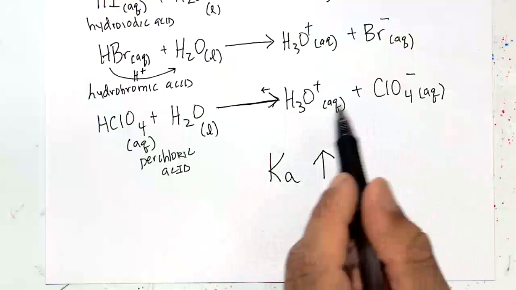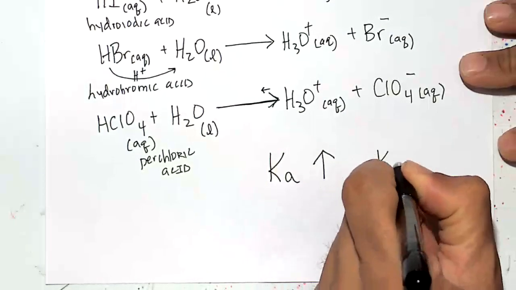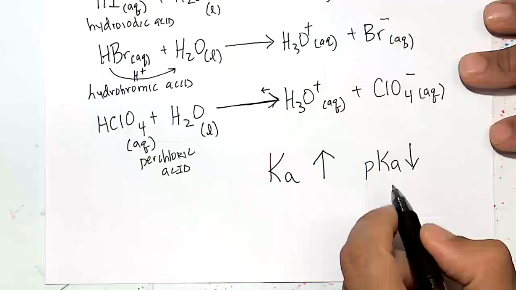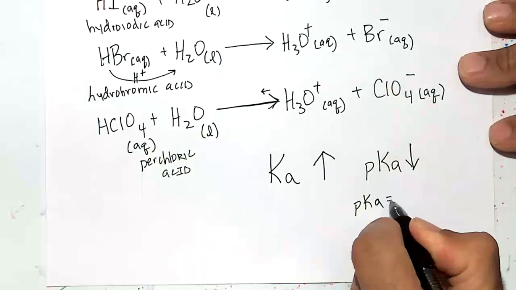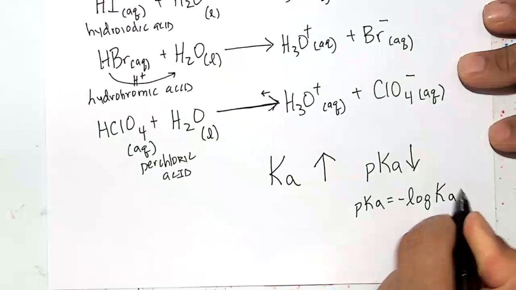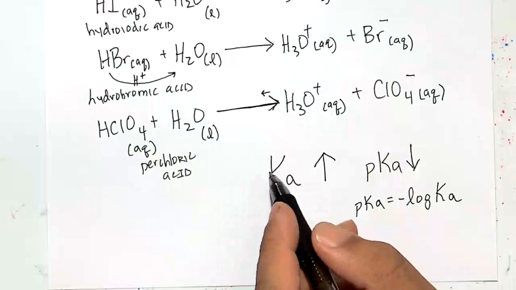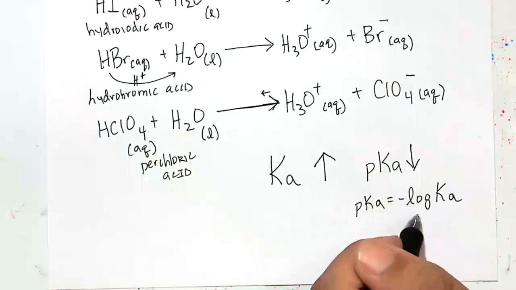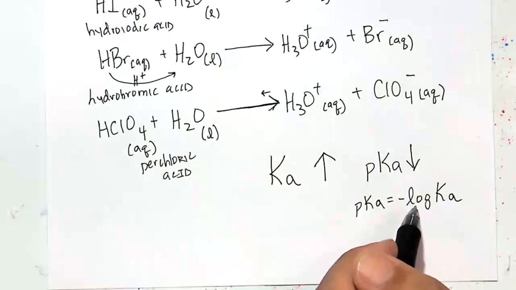So this implies a strong Ka, which means a very low pKa. pKa is the power of the Ka, and pKa is minus the log of Ka. So all of these 6 strong acids will have a large Ka favoring the products, and because of minus log Ka, the pKa will be low.